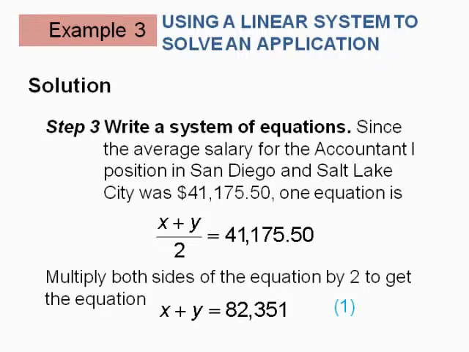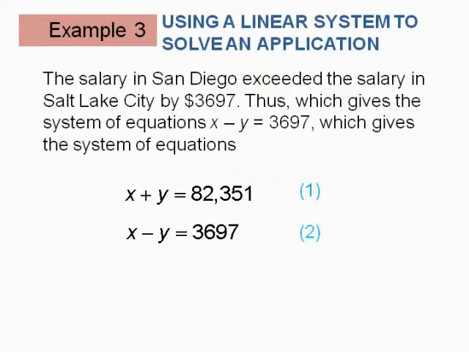Since the average of the two, X plus Y divided by 2, gives us 41,175.50, multiplying both sides by 2, again to get rid of the fractions, which we've done before, will give us this first equation, X plus Y equals 82,351. It says also the salary in San Diego exceeded the salary in Salt Lake City by $3,697. Therefore, this gives us a system of equations: X minus Y equals 3,697.